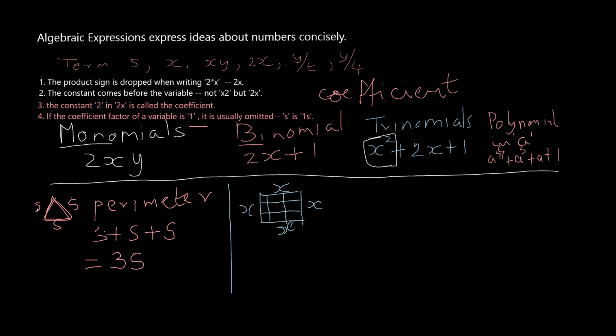Now if I need to find out area, we are moving into a concept of two-dimensional. So an area would have a length and a breadth, and therefore we need to multiply to find the area, because area is always in square units. What happens when we multiply x times x is we get what is known as x square, or x raised to the power 2.